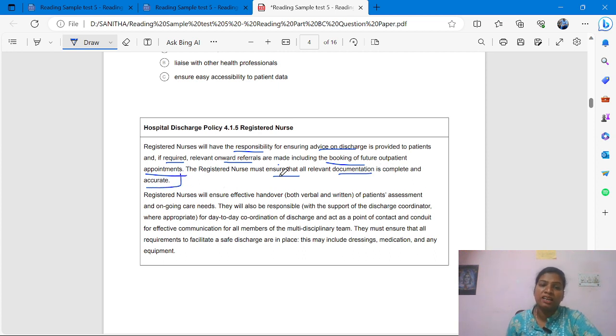The registered nurse will ensure effective handover, both verbal and written, of patient assessment and ongoing care needs.